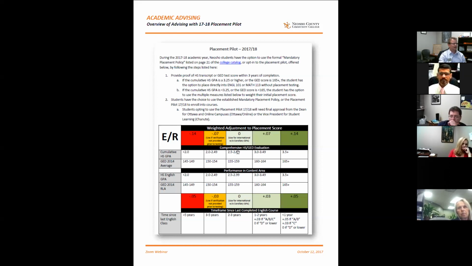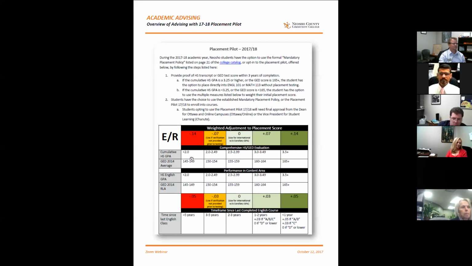So for each of those categories, if we start with comprehensive high school or GED evaluation, a student will either present a high school transcript or a copy of their GED test scores, and then their placement score on the test that they provided will be weighted anywhere from negative 14% on that one item to a positive 14% based on their performance.